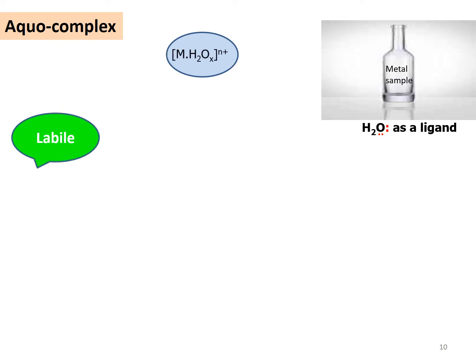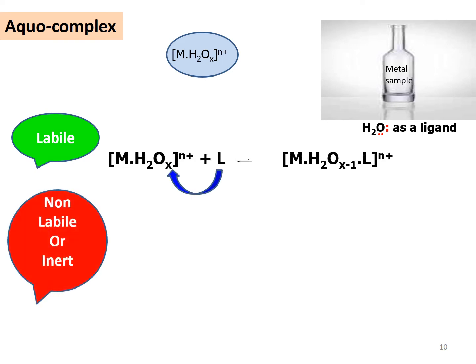This complex is either labile or non-labile. Labile means that the water molecules surrounding the metal forming the Aquo-complex are easily substituted by any other ligand that could enter the reaction. It doesn't need any vigorous or extensive reaction conditions.